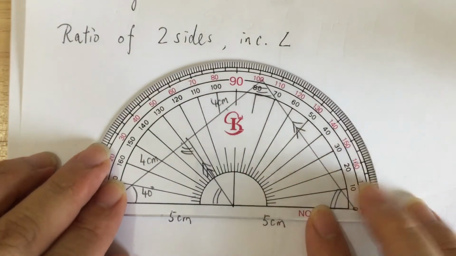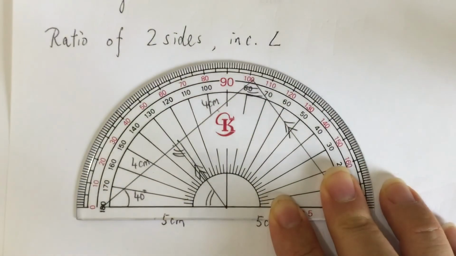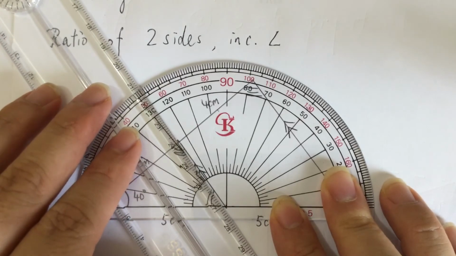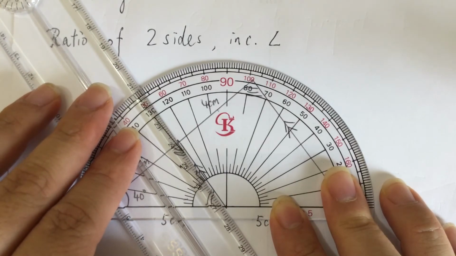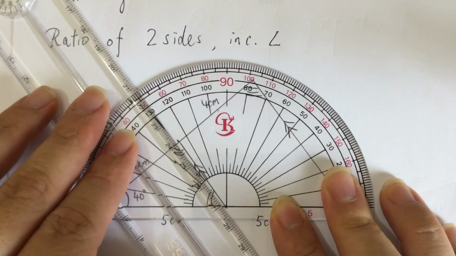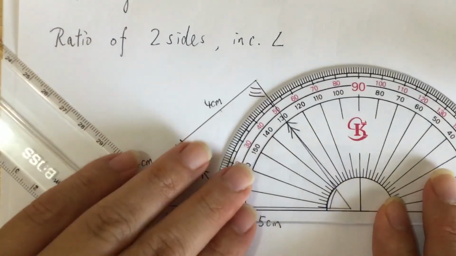Once again, this angle, I take a ruler first, is equal to about 53 to 54. 53 is right. It's a little bit close to 54, I think. So let's measure this one.